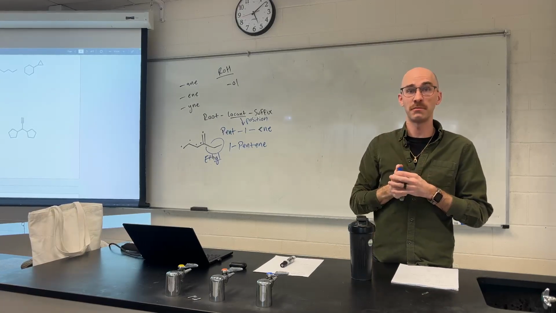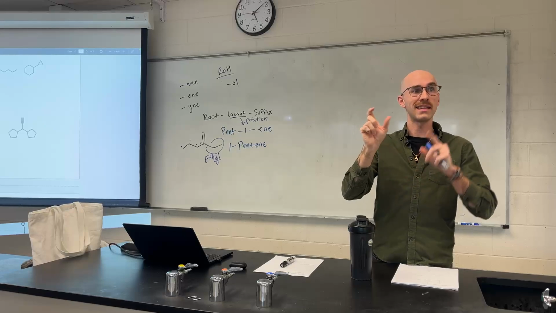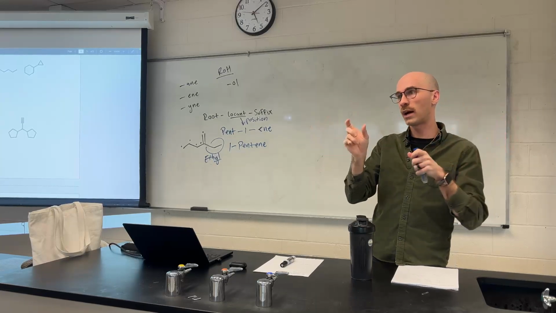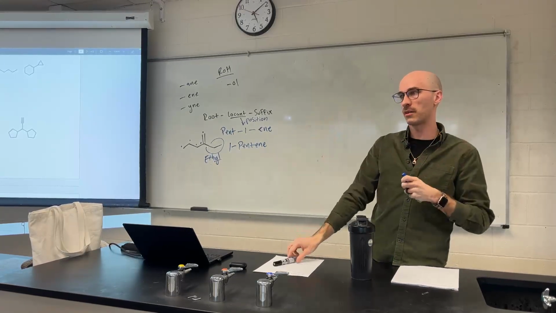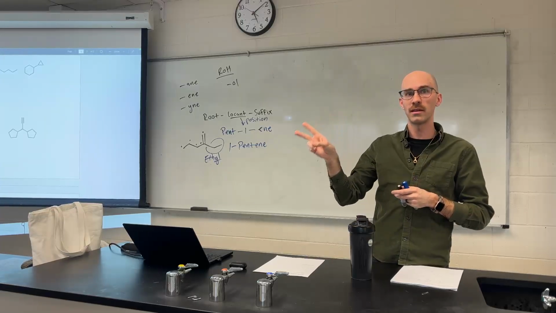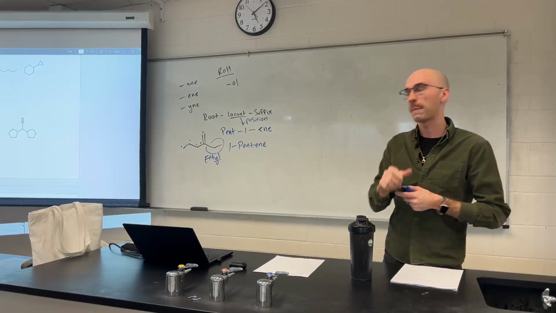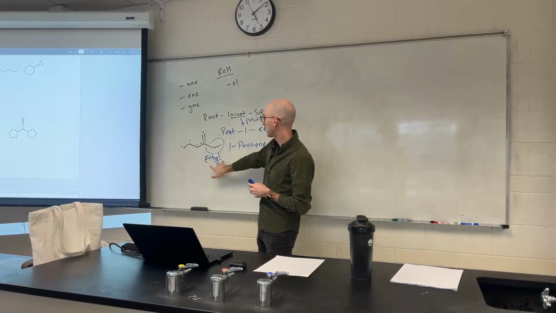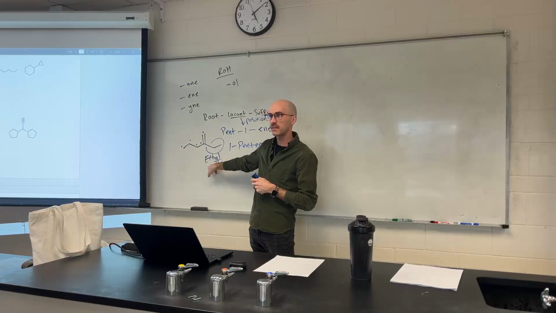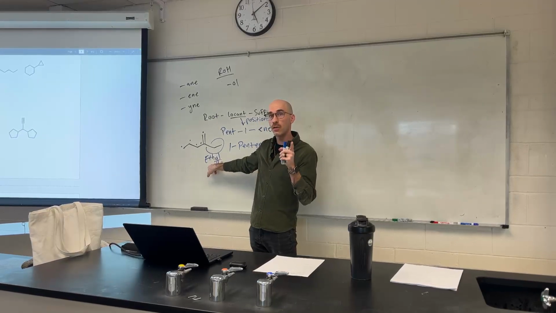It's a substituent. YL means that it's not part of the parent chain. YL means that it's a substituent. This is a 2-carbon substituent. And this becomes our prefix, along with its position in the chain.